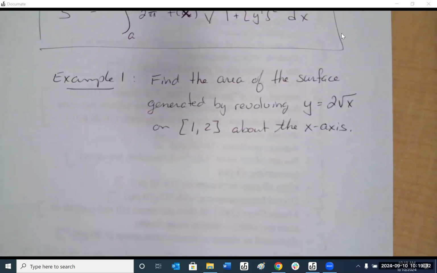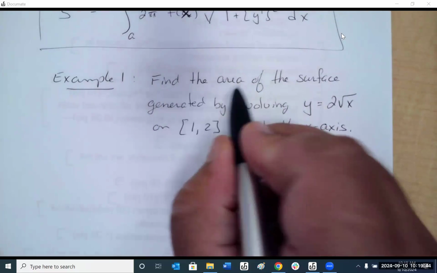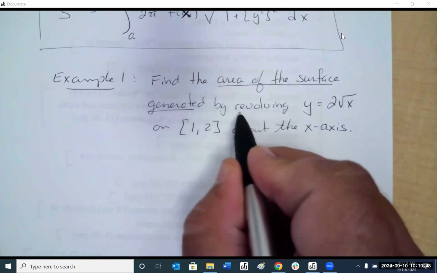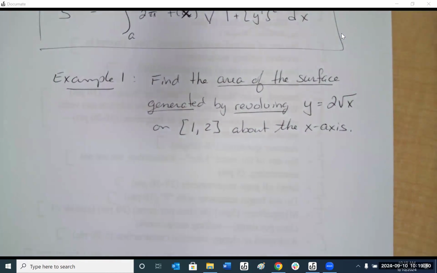Okay, now let's first look at the question. Because remember, as we go through this book, through this course, we're going to have a whole bunch of different questions and different formulas. Find the area of the surface generated by revolving a function.